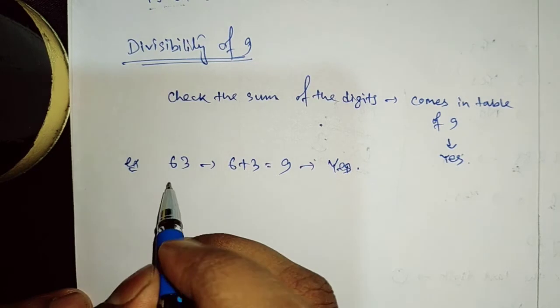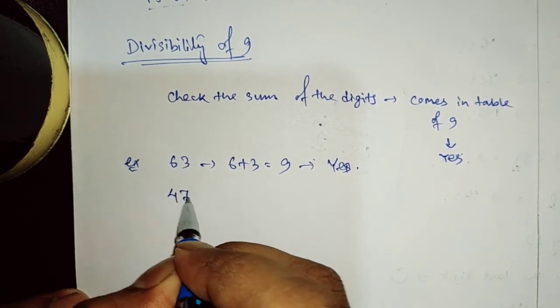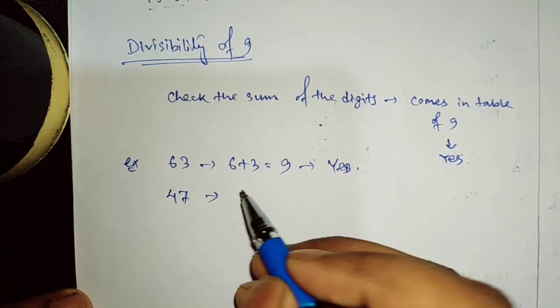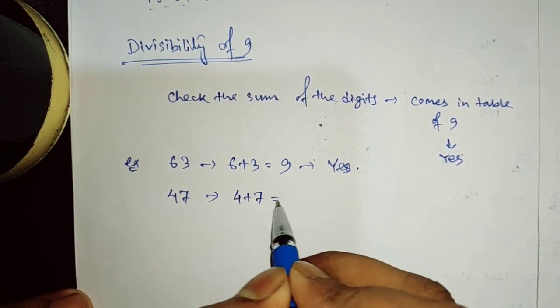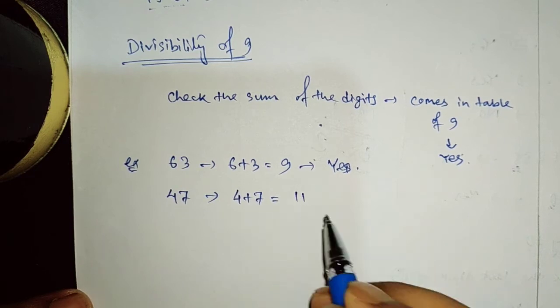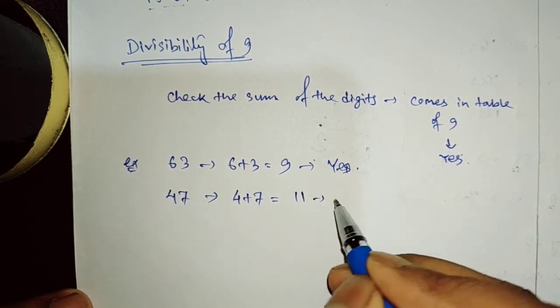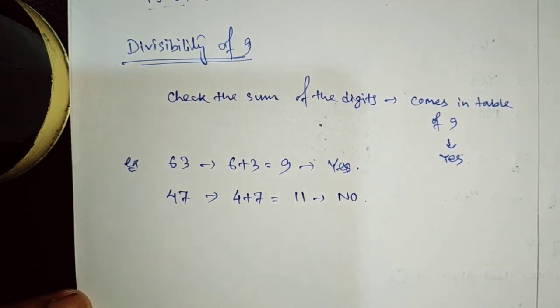Okay, now 47. What do we have to do? We just have to do 4 plus 7. 4 plus 7 is 11. So 11 does not come in the table of 9. So the answer will be a strict no.